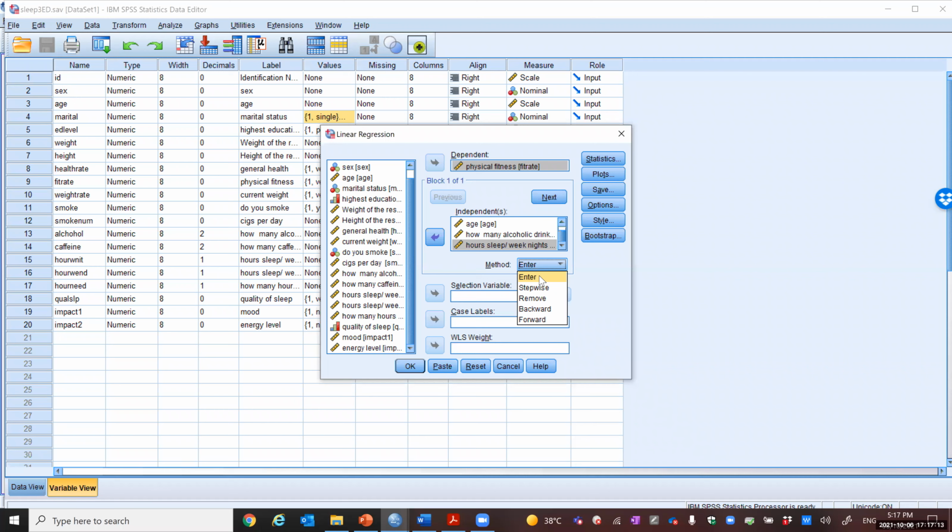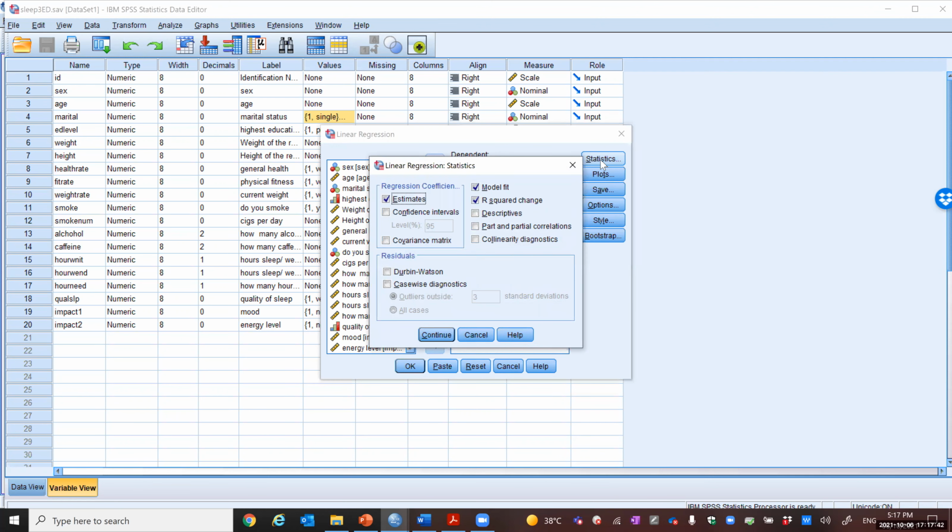In stepwise, it would give you the incremental change in R square after entering each variable. So if you are making a comparative effect hypothesis, that this variable has more explanatory power, then probably you go with stepwise. But most of the time we go with the default method, which is enter.